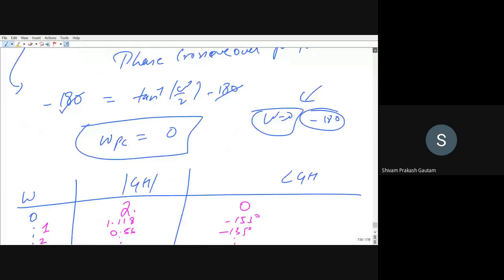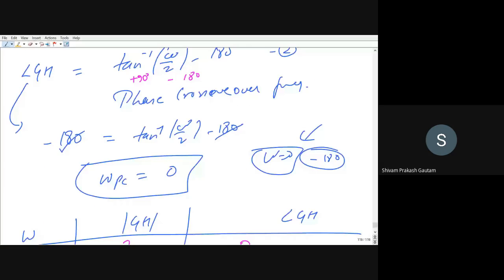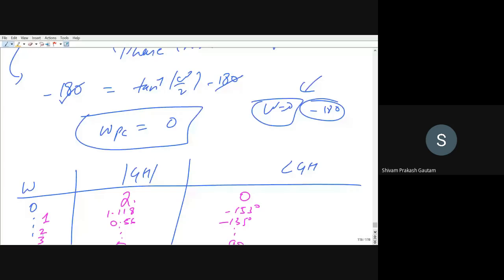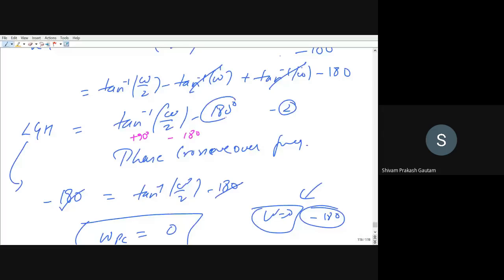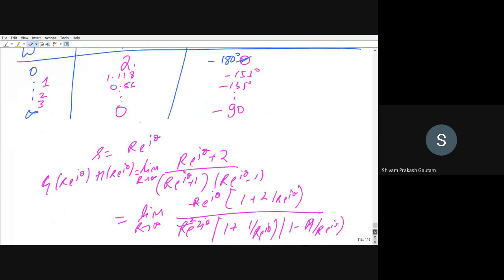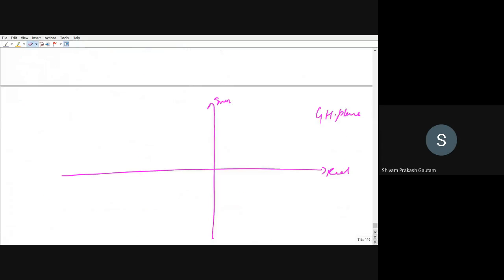I have written wrongly. Our phase will be minus 180 degree. I have made a mistake. You can see in equation number 2, put omega equal to 0, you will get minus 180 degree. Is it clear? Yes. So I made a mistake. Our phase was minus 180 and the magnitude was 2. So let me draw it.